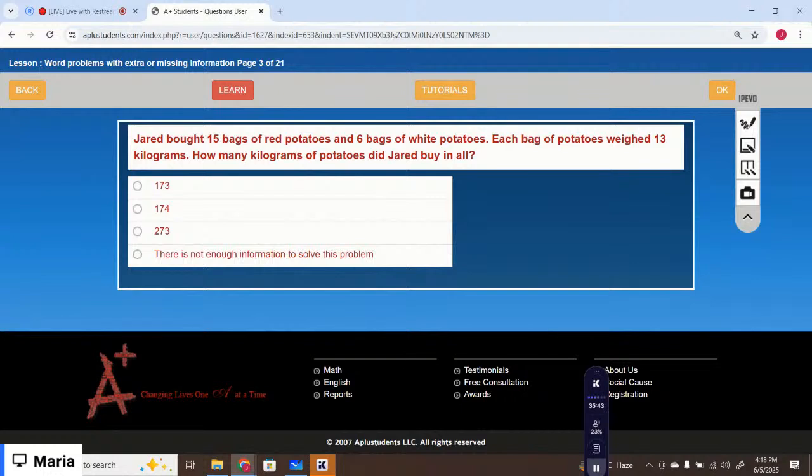Jared bought 15 bags of red potatoes and 6 bags of white potatoes. Each bag of potatoes weighed 13 kilograms. How many kilograms of potatoes did Jared buy in all?